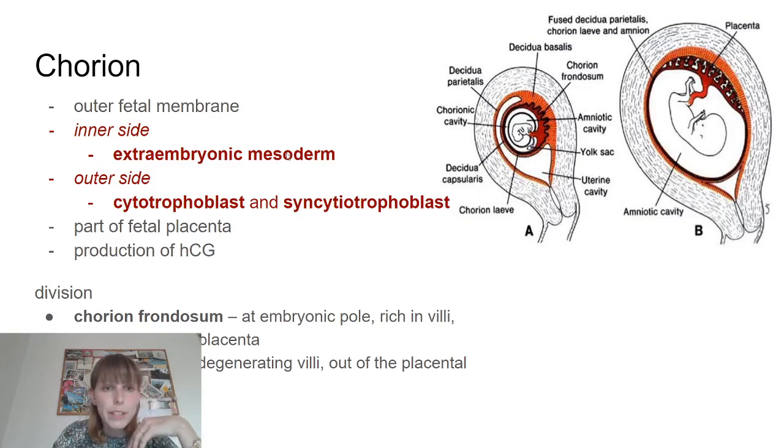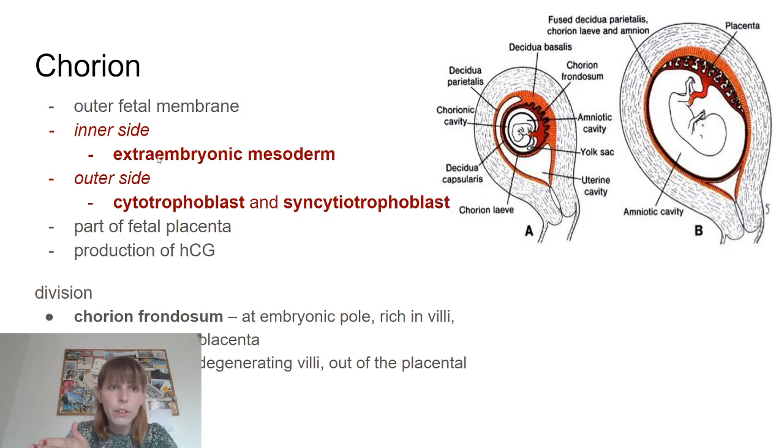So extra-embryonic mesoderm, and then you have cytotrophoblast and syncytiotrophoblast, which will be part of the chorion as well. We will see these two in the villi of the placenta. So the chorion will become part of the fetal placenta, while the maternal placenta will develop from decidua basalis. This orange area, decidua basalis, will become the maternal part of the placenta, and the fetal part will be the chorion.